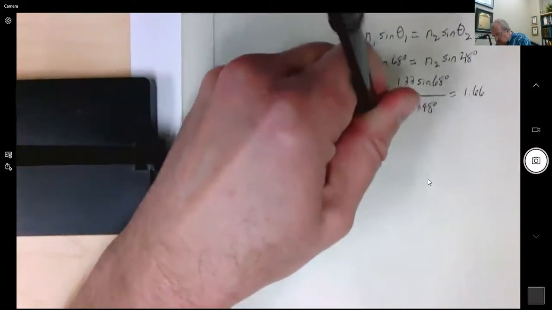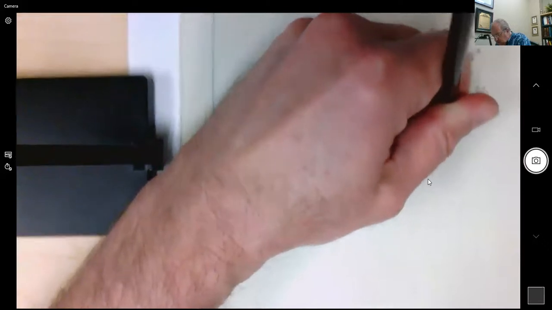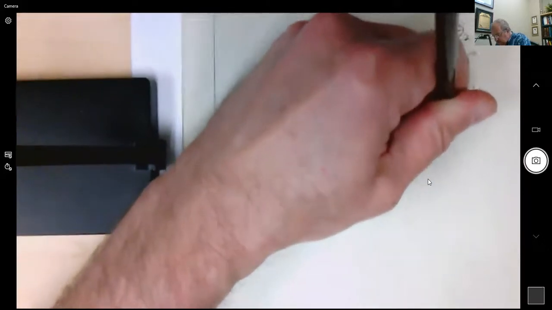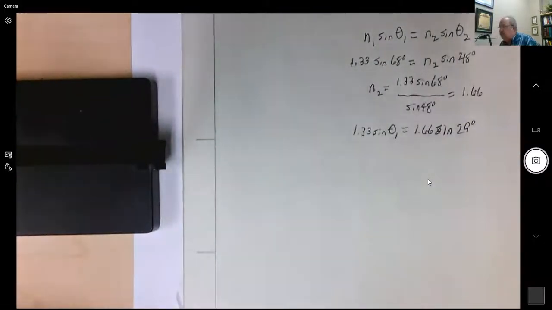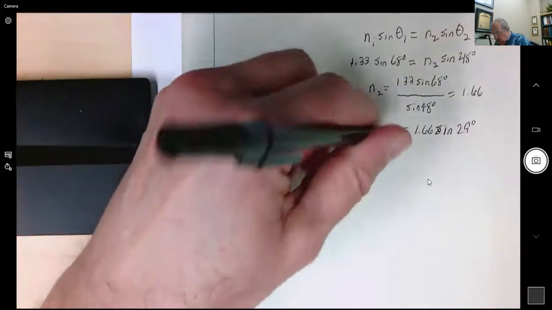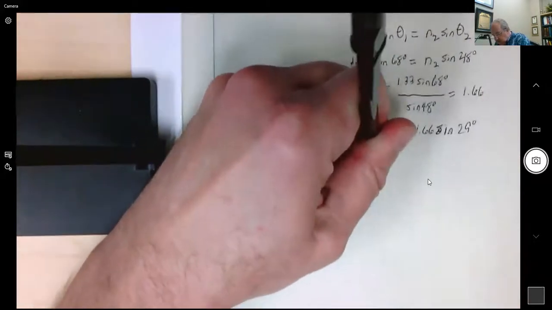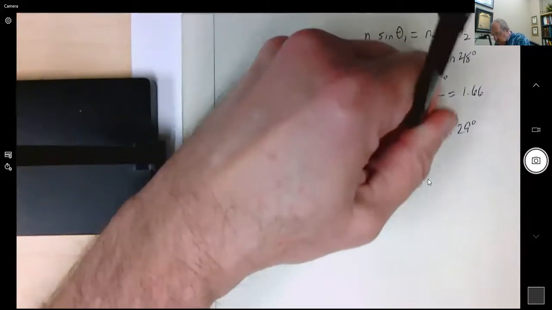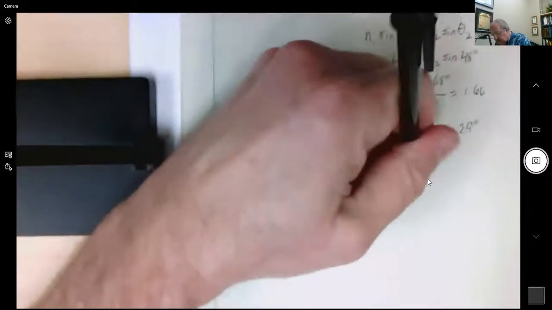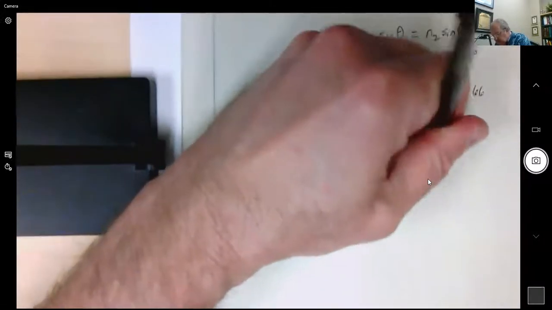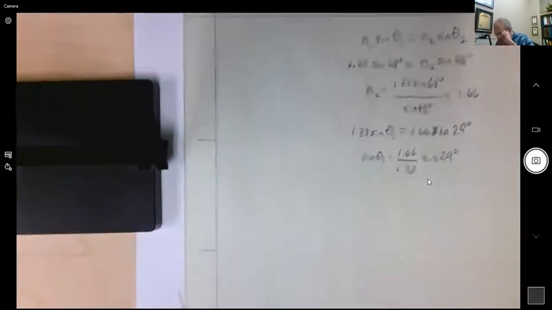So 1.33 times sine theta 1 is equal to 1.66 times sine of 29 degrees. Okay, so we just rearrange this and we solve for sine of theta 1, and then we take the arc sine of that. So sine theta 1 is equal to 1.66 divided by 1.33 times sine of 29 degrees. Okay.